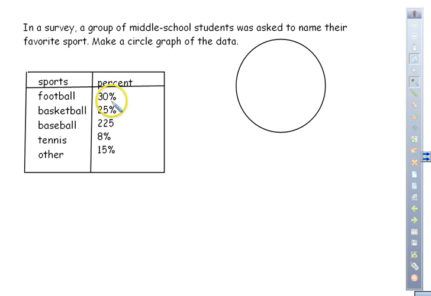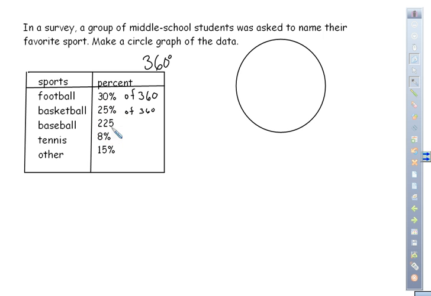Well, before we can graph it, we have to remember that there's 360 degrees in that complete circle. So it's going to be 30% of 360, 25% of 360, and so on. Okay, this is not a 5.